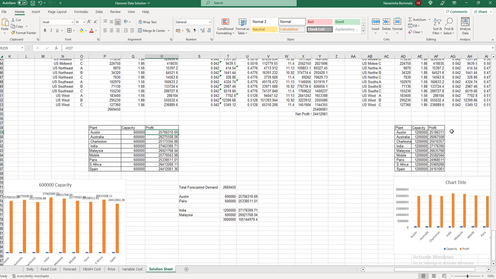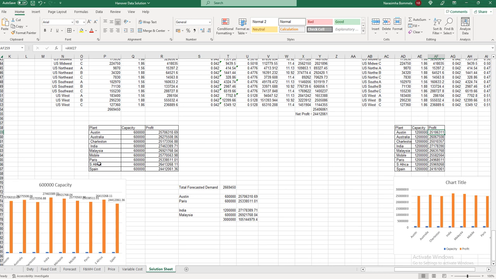This is larger than what it generates for 1,200,000 capacity. So it will be a wrong decision to go with the 1,200,000 capacity for Austin, because the total value it can generate is 25186311, which is very low compared to Austin's present profit.